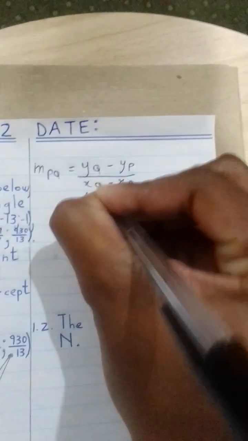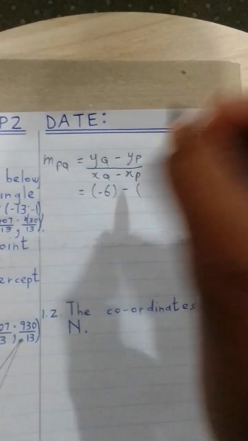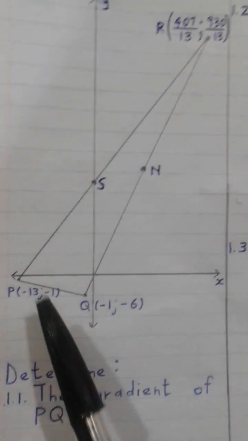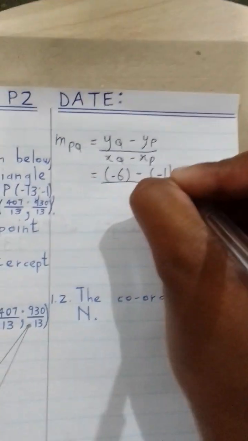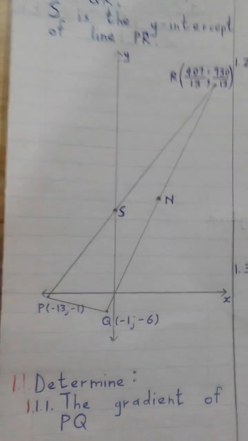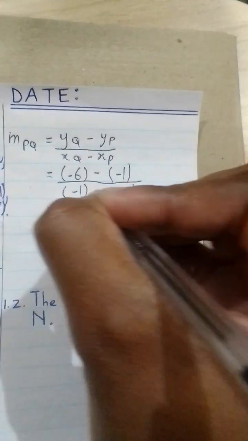What is Y of Q? Negative 6 minus Y of P, negative 1, over, what is X of Q? Negative 1. What is X of P? Negative 13.